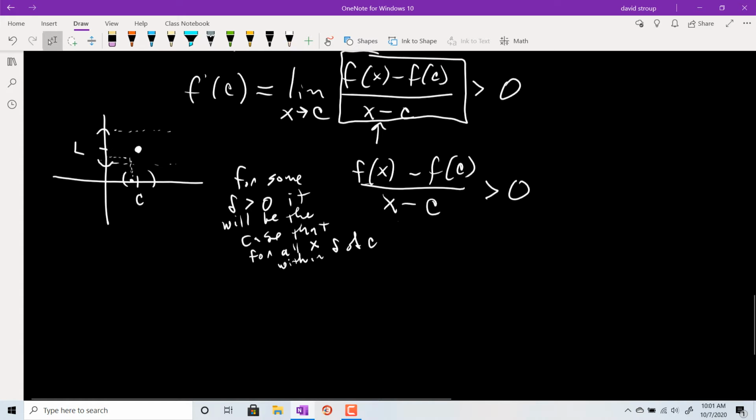If you're willing to accept that, then we can work with some inequalities. So how do we do this?